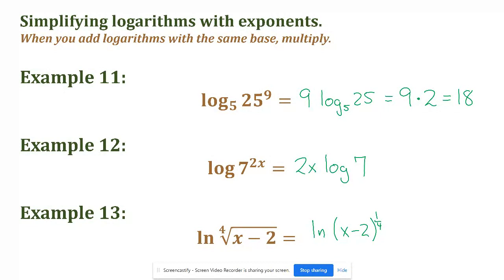And then I'm just going to do the exact same thing I've done on these other ones. I'm going to pull that 1/4 out front. It's going to become 1/4 ln of x minus 2. And there's nothing else I can do to simplify that one. That's as far as I can go there. But that's how you can get rid of that radical, turn it into an exponent, bring the exponent out front.